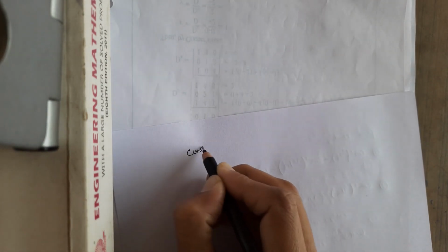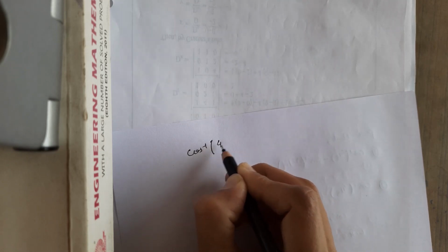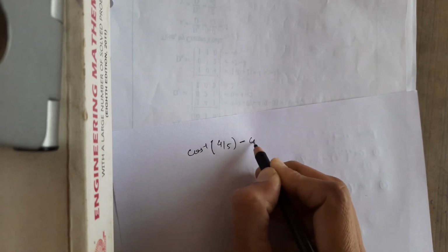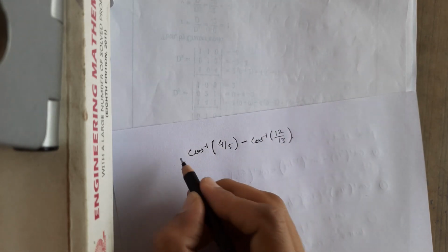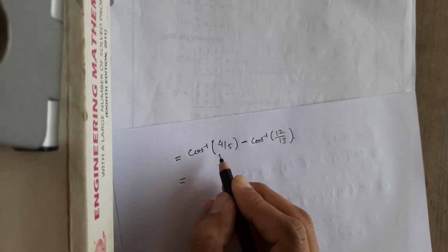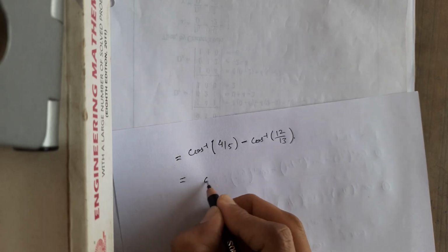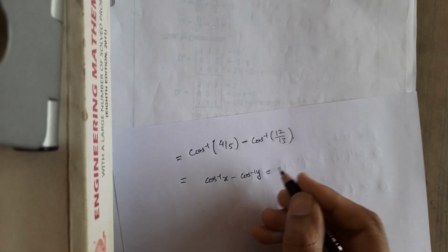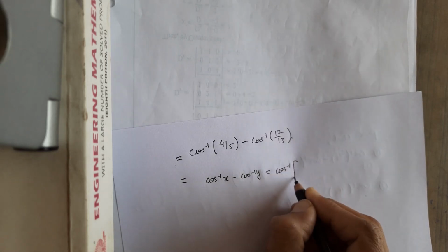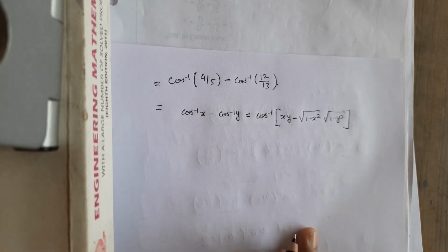Okay, now in the given example I'll just replace the value here. So what will I get? I will get cos inverse 4 by 5 minus cos inverse 12 by 13. And now just apply the formula for cos inverse x minus cos inverse y, which is equal to cos inverse of, okay, so that's the property.